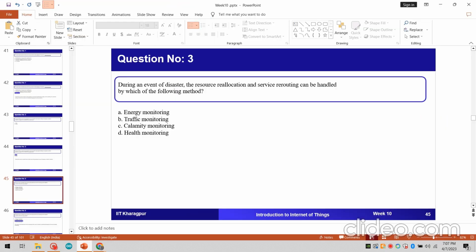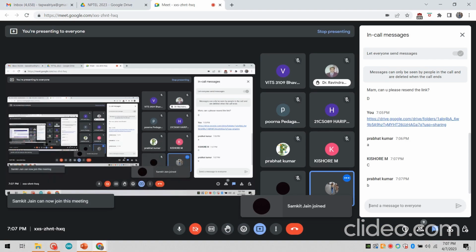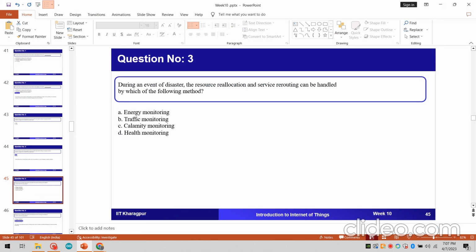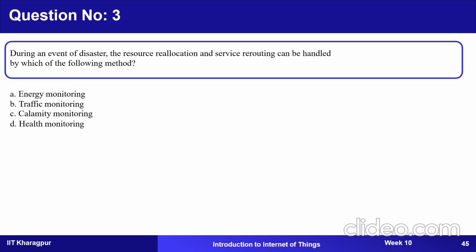C. B. Okay, I'm repeating the question. During an event of disaster, the resource reallocation and service rerouting can be handled by which of the following methods? Options are energy monitoring, traffic monitoring, calamity monitoring, health monitoring.